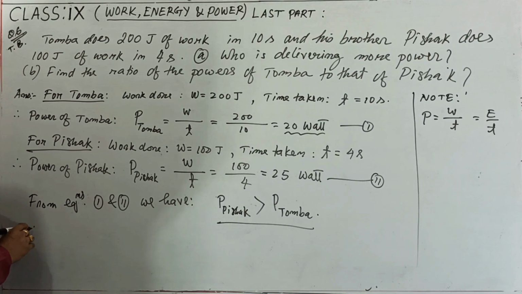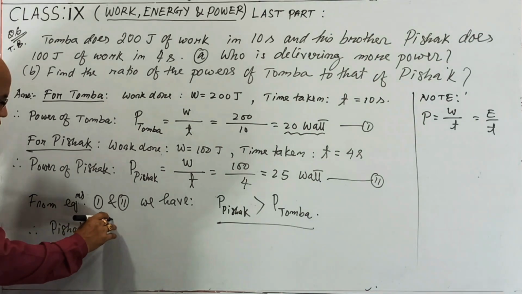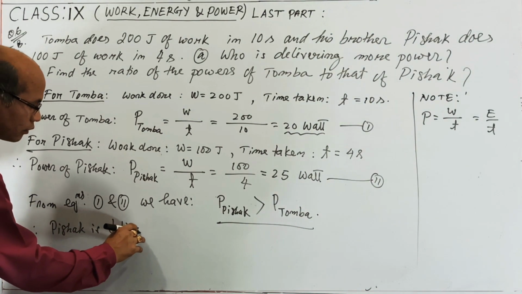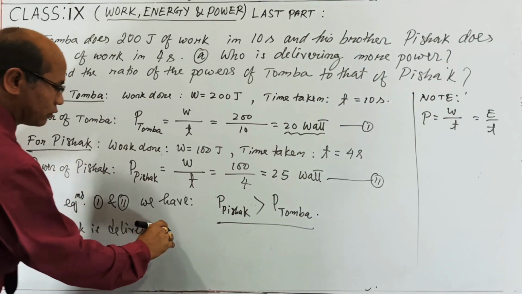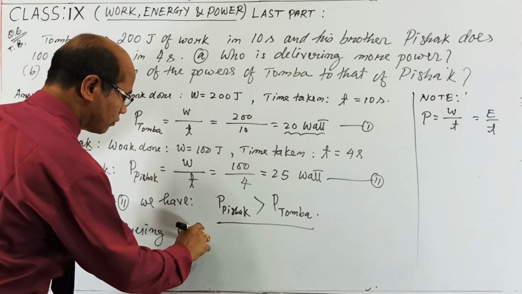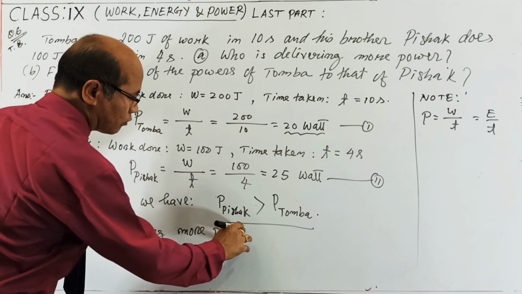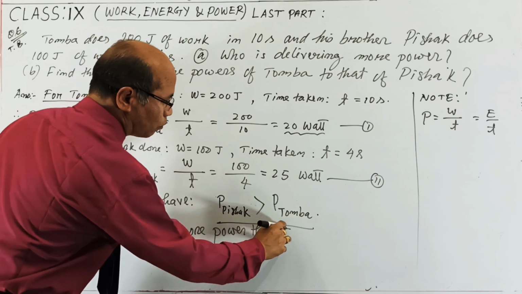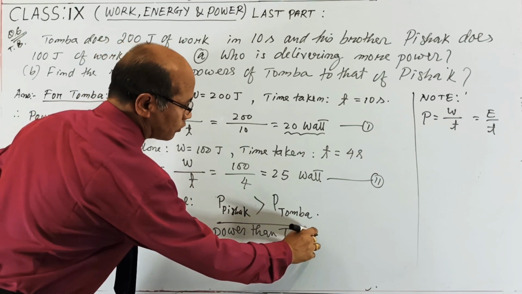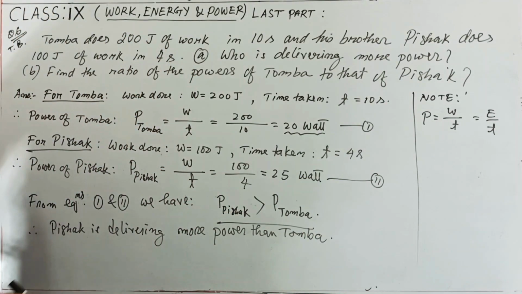Then the first part of your answer, therefore, Pisak is delivering more power than Tomba. So that is the first part of your answer.